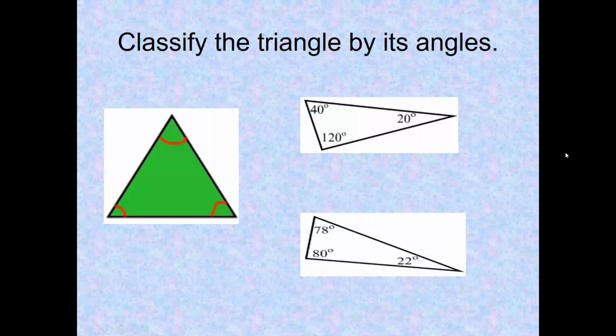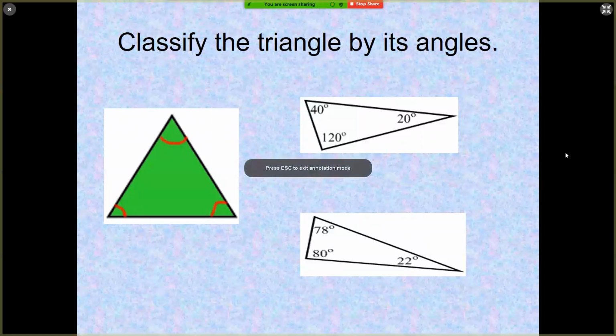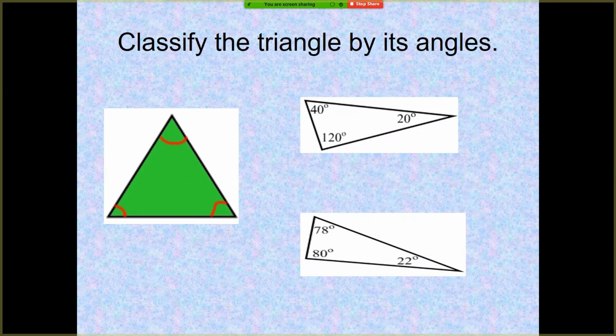On this next slide here, we're going to classify the triangles that were given by their angles. So if I look at the one over on the left side, that is green, I have markings telling me that all 3 angles in this triangle are congruent. Since all 3 of them are congruent, that is equiangular.